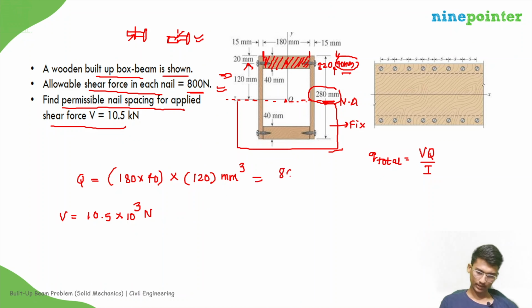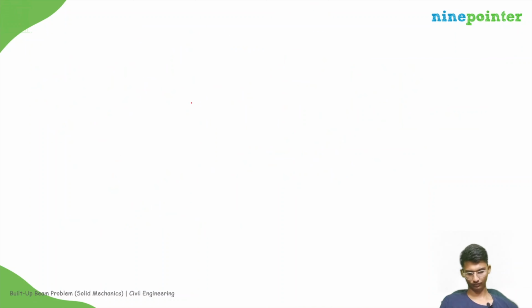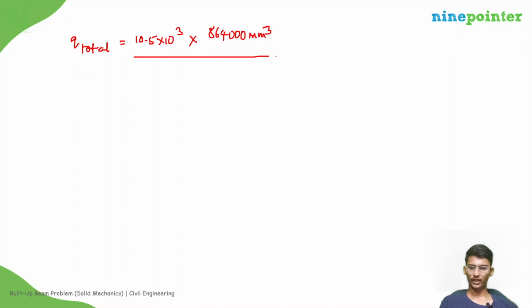And if you calculate the value of Q, that will be 864,000 mm cubed. So q total will be V, that is 10.5 into 10 cubed, into Q, that is 864,000 mm cubed, divided by 264.2 into 10 power 6 mm to the power 4, right?